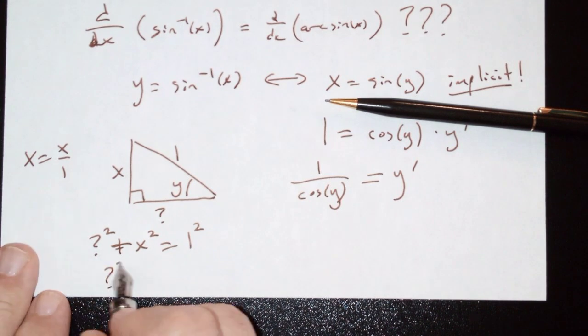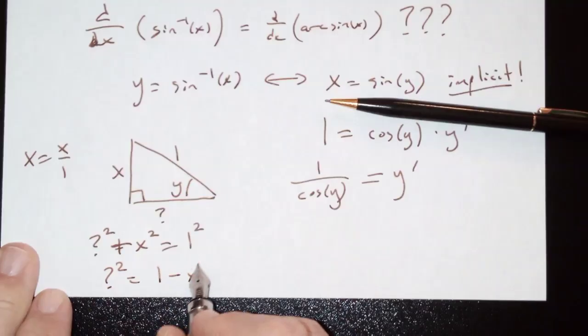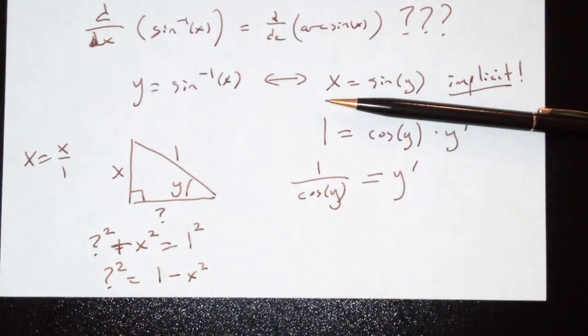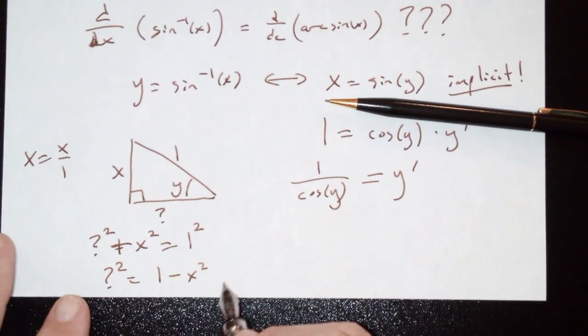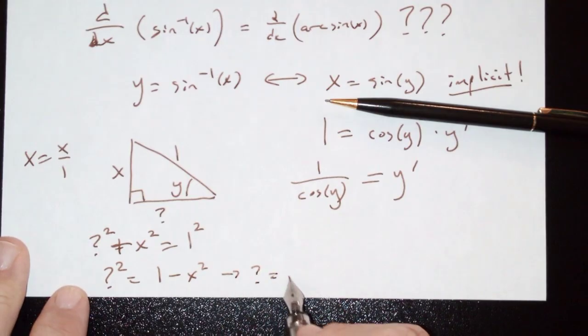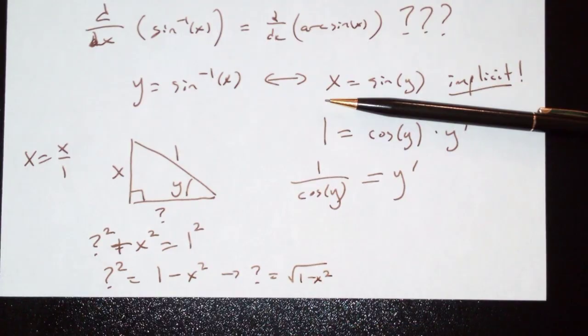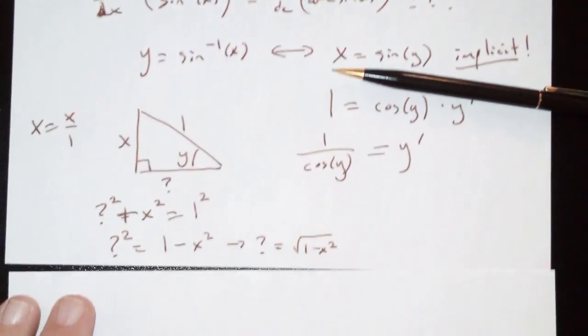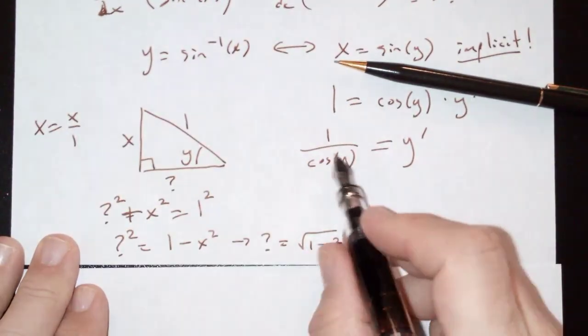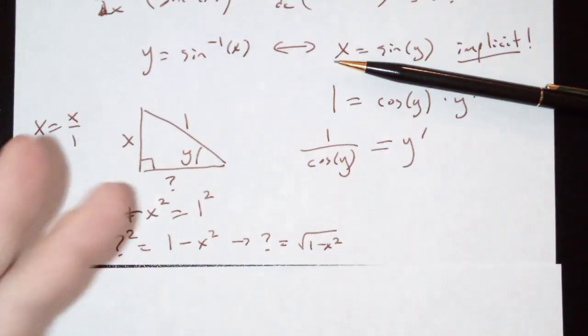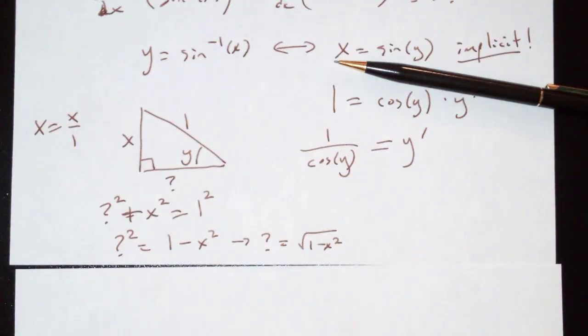So question mark squared is 1 minus x squared, which means the length of that side is the square root of 1 minus x squared. Now, why do I care about that? Because I want cosine of y. And now I know all 3 sides of this triangle.